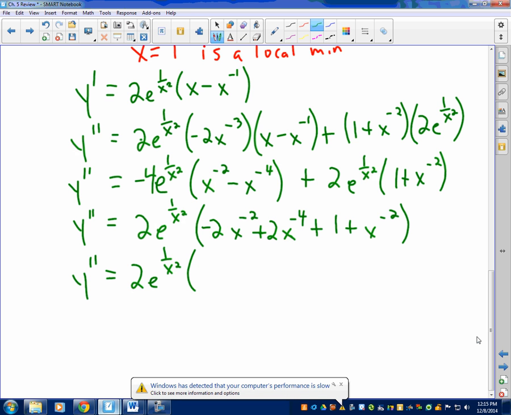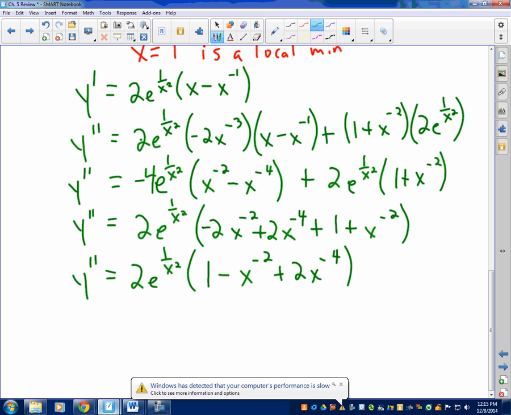So now, if you put these two together, start with the 1, and then we'd have minus x to the negative 2, there's just one of them, plus 2x to the negative 4. If we go with decreasing order of the powers, actually my highest power is x to the 0, right?